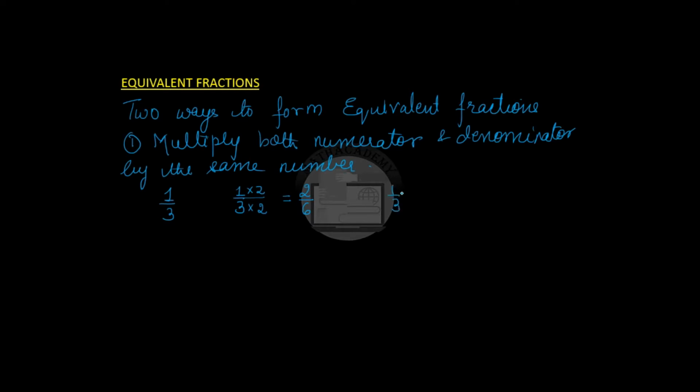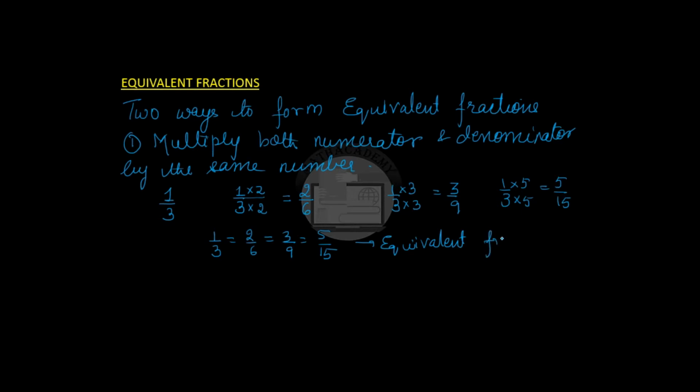I can multiply 1/3 in the numerator and denominator by 3 to get 3/9. 1/3 multiplied by say 5 in the numerator and denominator gives us 5/15. All of these fractions, 1/3, 2/6, 3/9, 5/15 and so on, these are all equivalent fractions. So one way to form equivalent fractions is to multiply the numerator and the denominator by the same number.